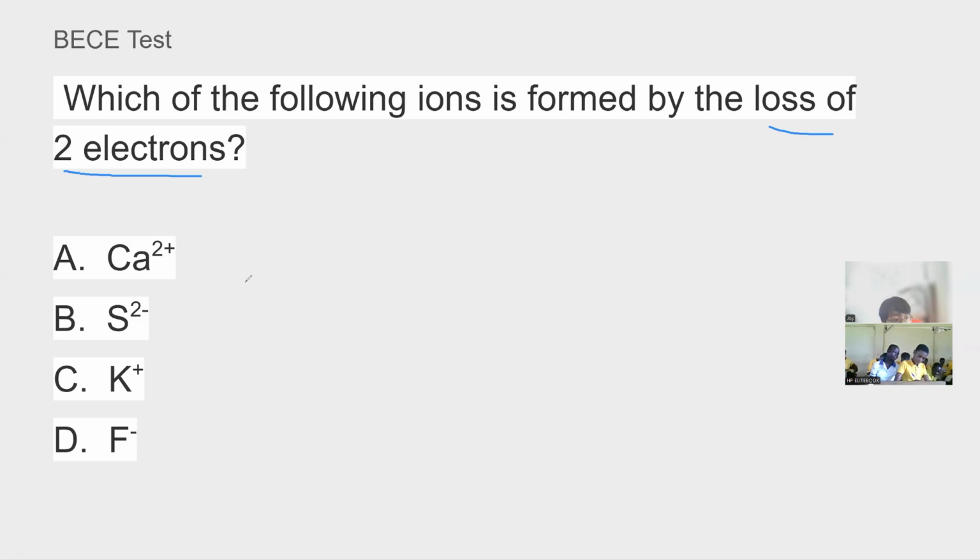So we're dealing with a loss of 2 electrons. What could be the possibility? Is it A, Ca2 plus, B, S2 minus, C, K plus, or D, F minus? Does anyone know the answer to this question?